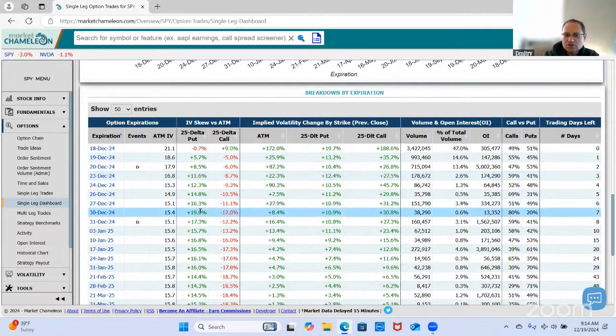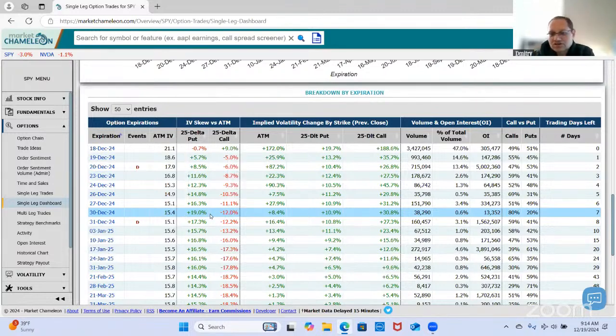And we said, okay, what's the difference between the implied volatility of 15.4 and the 25 delta put? And we show the percentage difference. So this is saying that the 25 delta put implied volatility is 19% higher than the at the money IV, and the 25 delta call is 12% lower than the at the money IV.